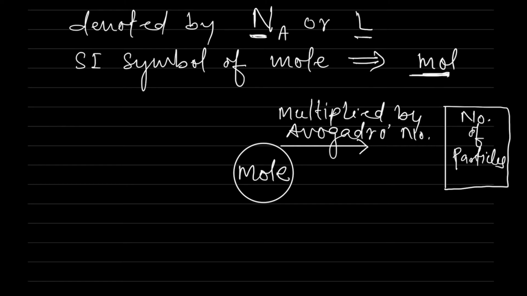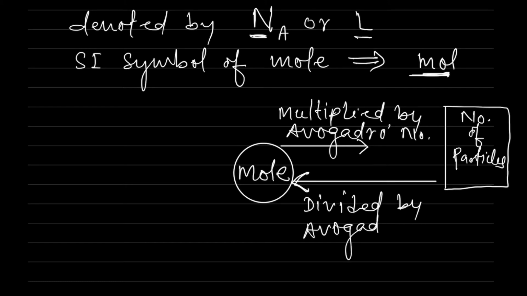If we are going to convert the number of particles into mole, then we have to divide this value by Avogadro's number. So here I am presenting this in red colour.